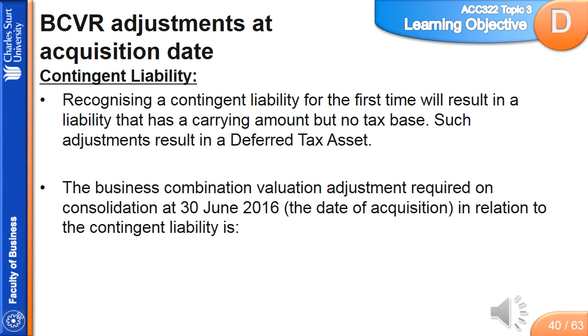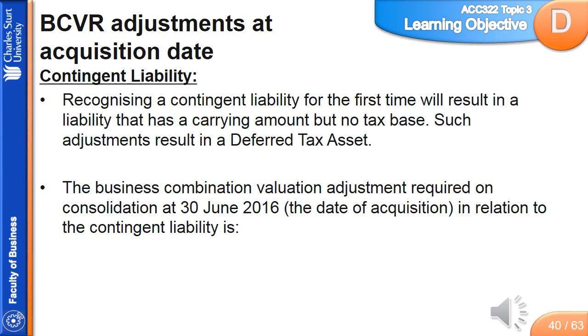Now looking at the contingent liability, that provision for the legal claim which was discussed in the question, because this is recognised for the first time as a liability, it's not within the subsidiary's accounts. You'll have a carrying amount but no tax base, and because of that it will actually result in a deferred tax asset, not a liability.